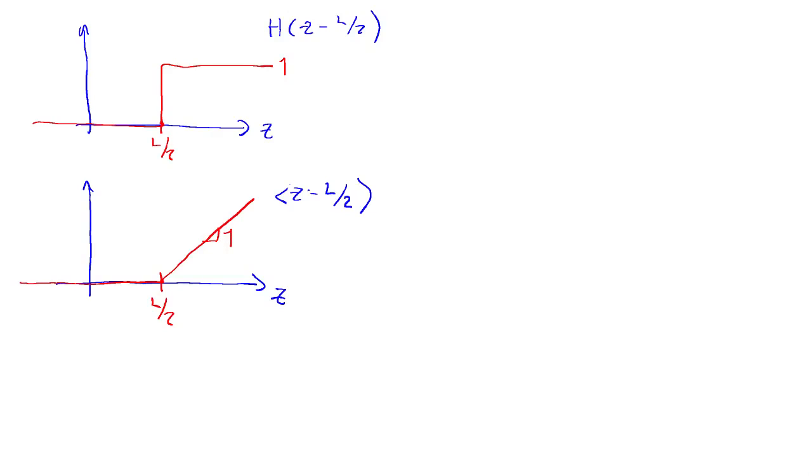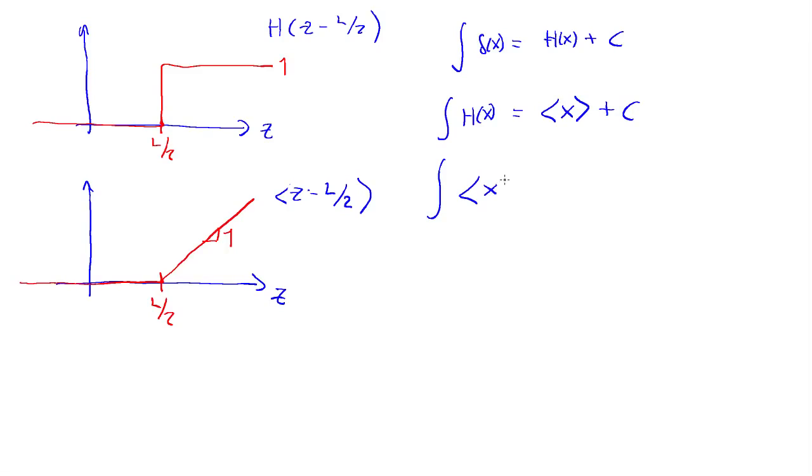And what's also useful to know are the integration rules. So the integral of the delta function is the step function, obviously plus a constant. The integral of the step function is the Macaulay bracket plus the constant of integration. And then the integral of the Macaulay bracket to a power is equal to the Macaulay bracket to the next power.